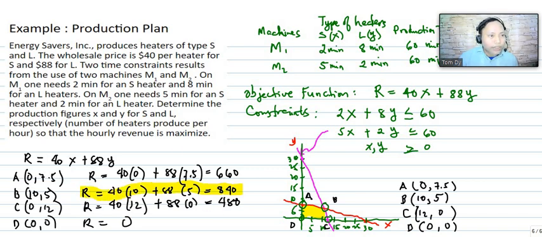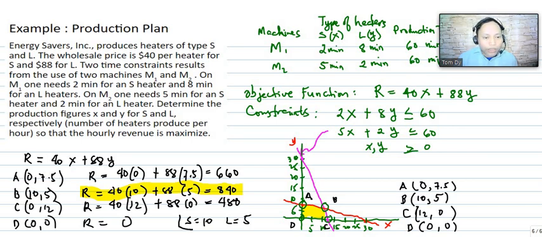Our final answer is we are going to produce S heaters as 10. So we will make use of S equals 10, and then L is equivalent to 5.